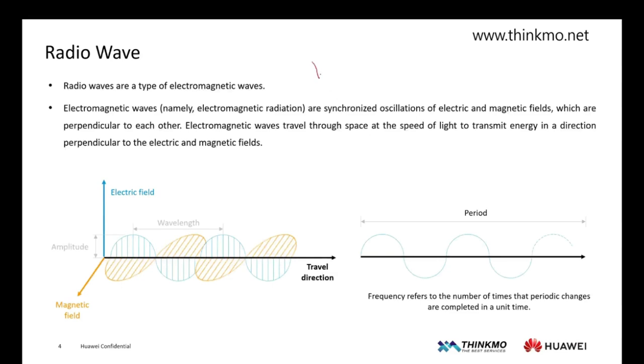Whether it's Wi-Fi, 3G, 4G, 5G, etc., even Bluetooth requires electromagnetic waves for transmission. In other words, what we commonly refer to as radio waves are actually electromagnetic waves.